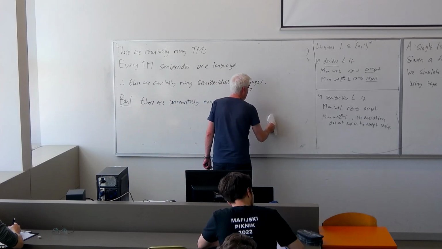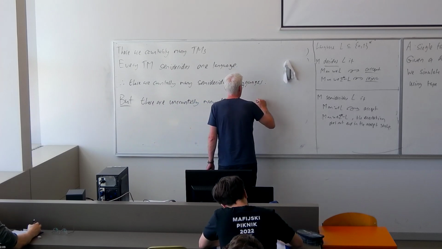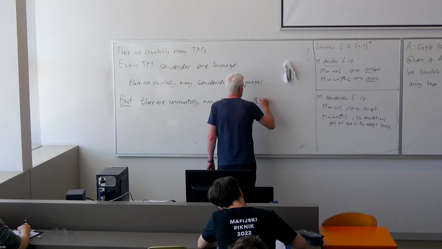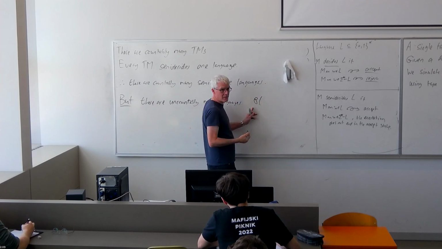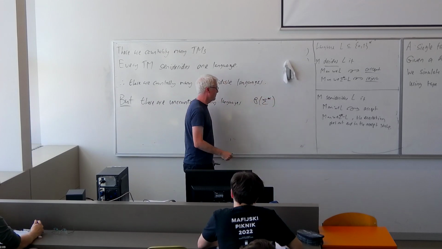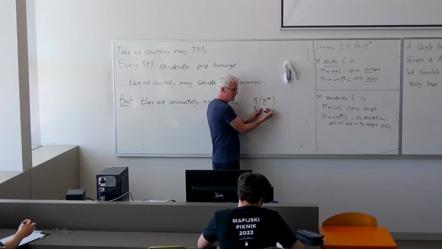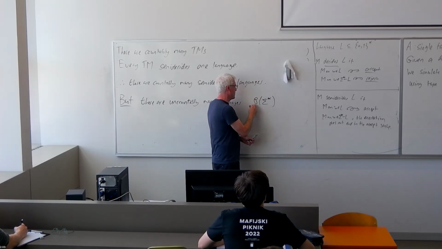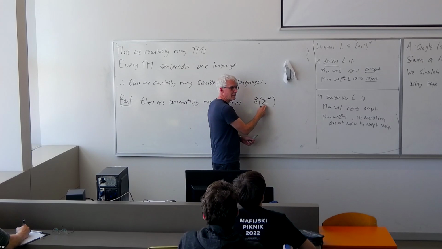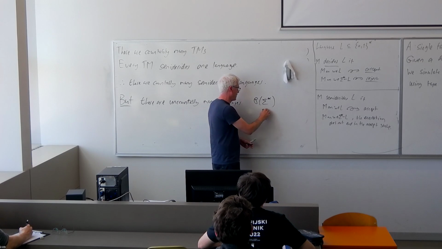Because for any non-empty alphabet, and we're only interested in non-empty alphabets, a language is a subset of words over an alphabet. There are countably infinitely many distinct words. You can enumerate the set of words. And so this is the power set of a countable set, and that's by Cantor's theorem from basic set theory, an uncountable set.